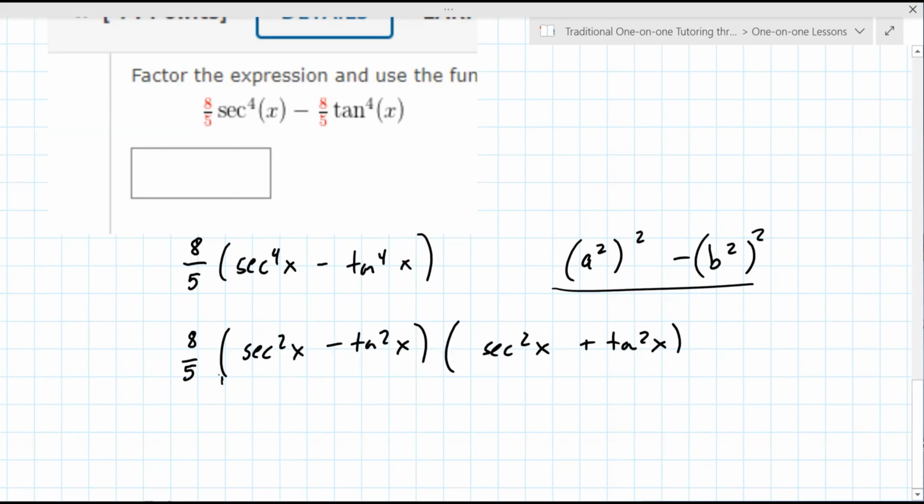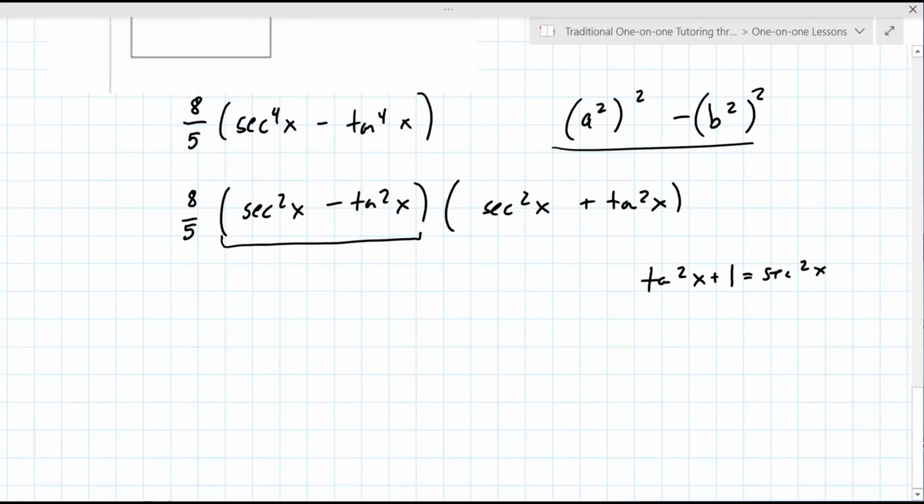So this one we worked earlier: tangent squared x plus 1 equals secant squared x. Notice it doesn't matter whether I substitute in for secant squared or tangent squared, I get the same answer. So this time I'll substitute it in for secant squared. So this becomes tangent squared x plus 1 minus tangent squared x.